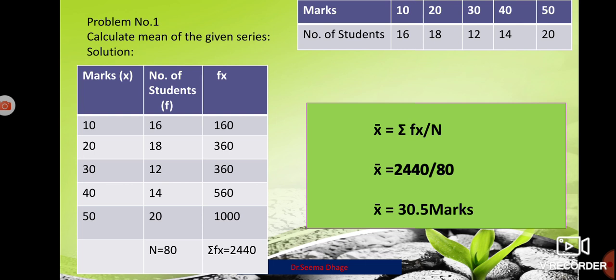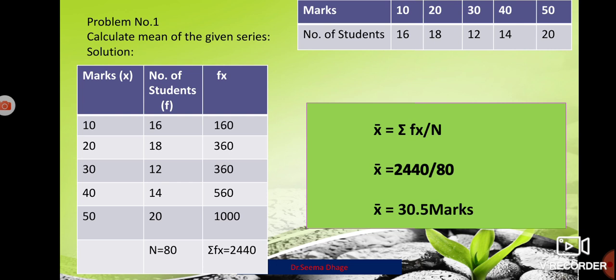So, sigma fx is equal to 2440. We have to take sum of fx, that is 160 plus 360 plus 360 plus 560 plus 1000 is equal to 2440.